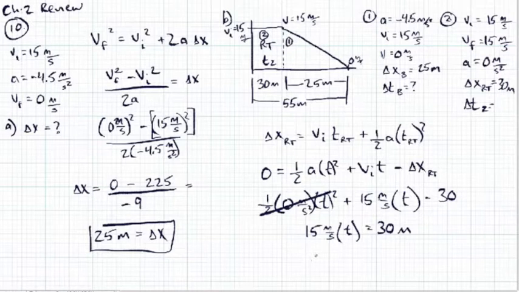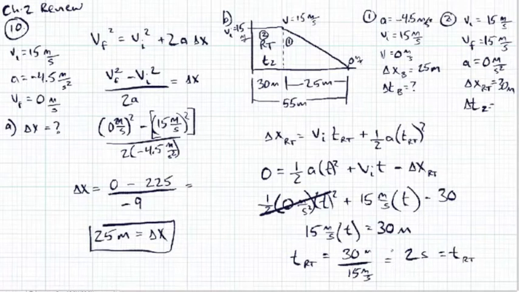Well, if we solve for t2, or t reaction time, reaction time RT is going to be equal to 30 meters over 15 meters per second, which gives us an answer in seconds of 2 seconds. So our reaction time is equal to 2 seconds.